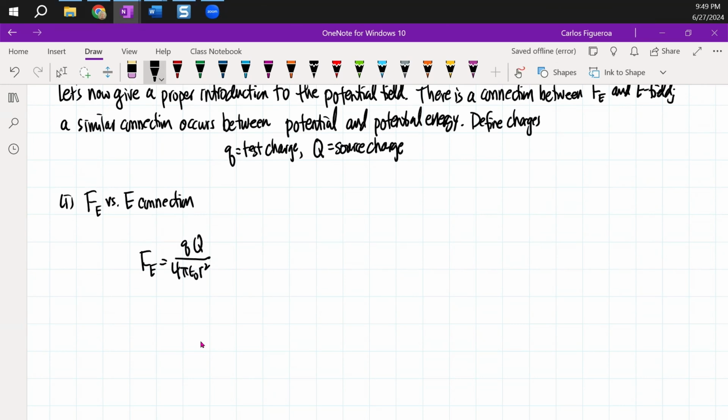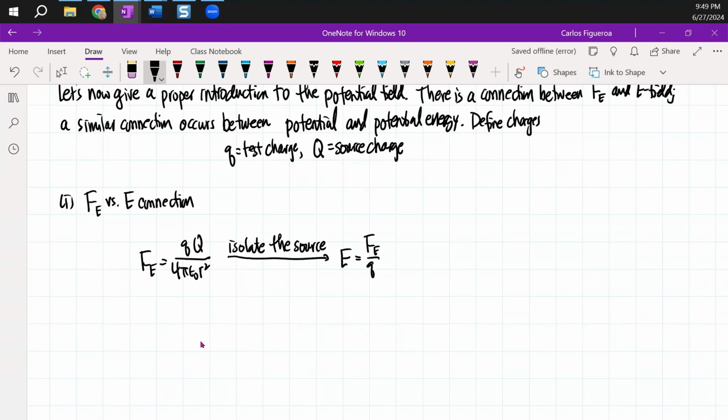And the way we connect it to the electric field is that we isolate the source, all the details about the source. So in this case, we say that the electric field then is a ratio of the electric force per unit charge.